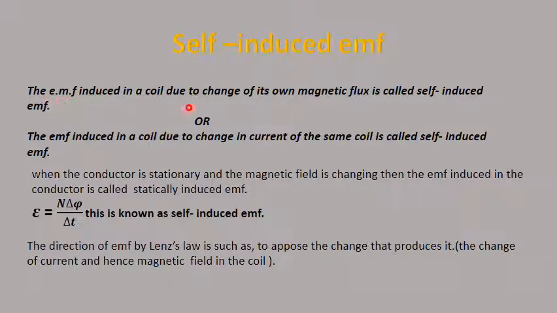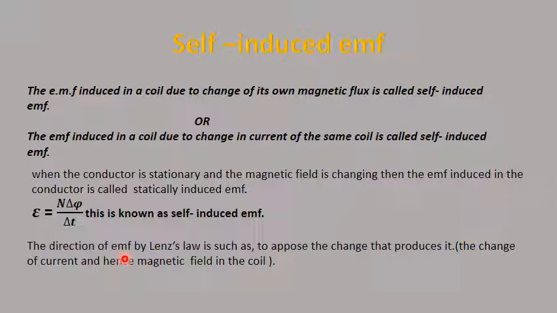Next topic is about self-induced EMF. The EMF induced in a coil due to change of its own magnetic flux is called self-induced EMF. What is this definition? If we are changing the magnetic flux in one coil, the result of that changing magnetic field will be the induced current, and this induced current is because of that induced EMF.